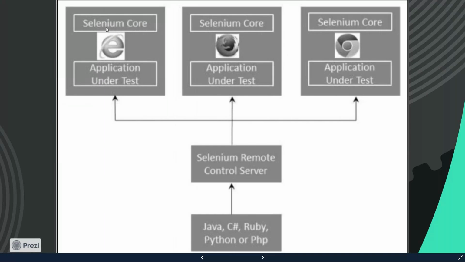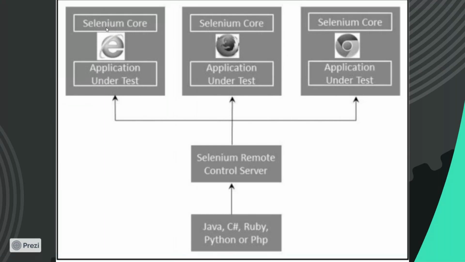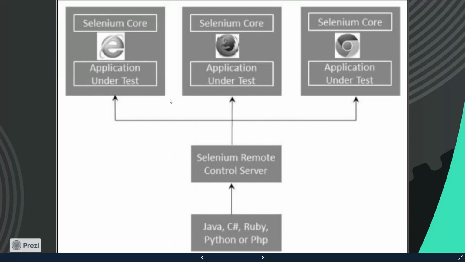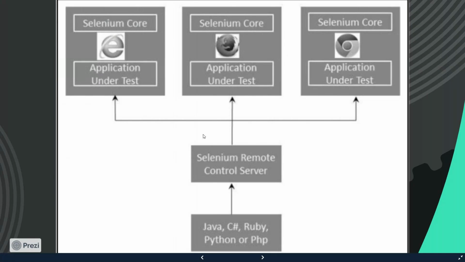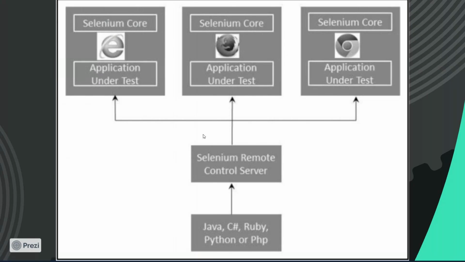What do you mean by Selenium core? Selenium core is nothing but a set of JavaScript commands that will be executed onto the browser. Got it, guys? Whatever code we have written, we are sending it to the remote control server. Once we send it to the remote control server, a Selenium core will be injected into the browser and it will run the test cases on that particular browser.